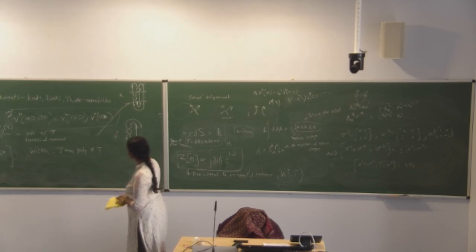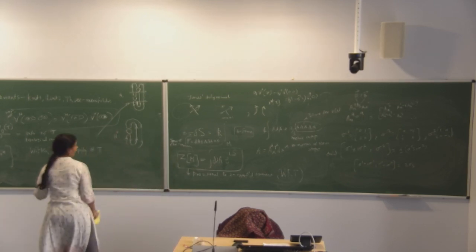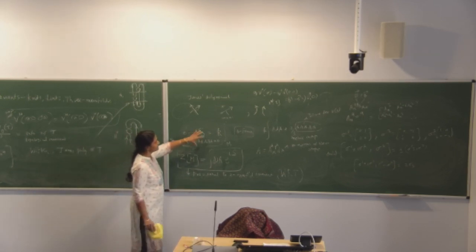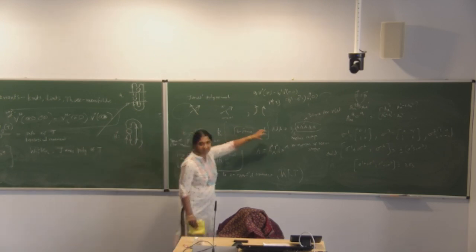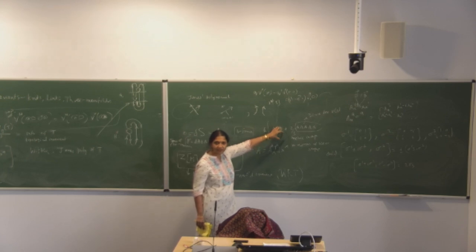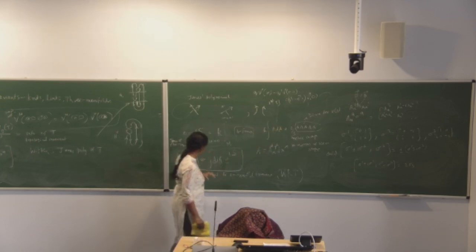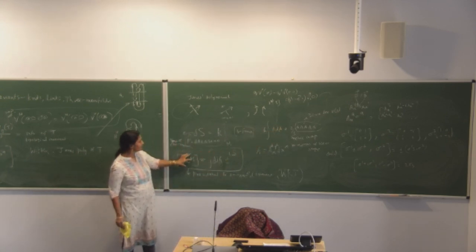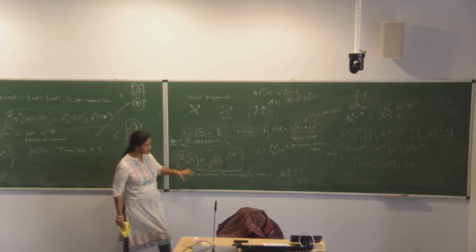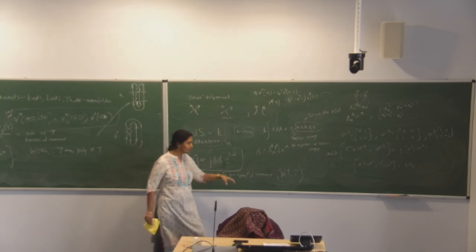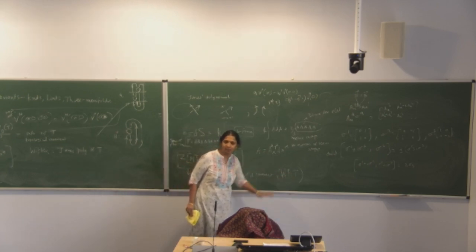Okay, so I kind of told you in the last lecture, you have a partition function which is explicitly metric independent, so it captures the topological features. The Z of M, which is the partition function, is proportional to the three-manifold invariant or the WRT invariant.